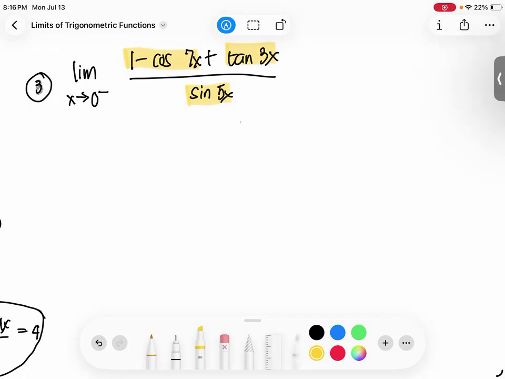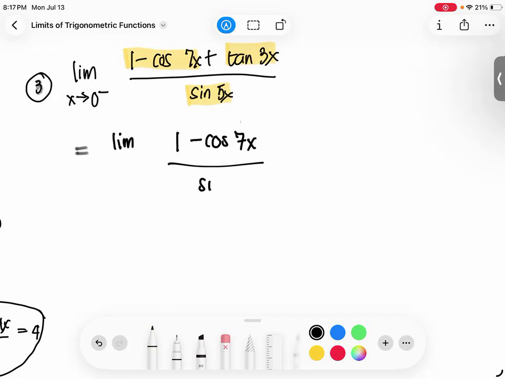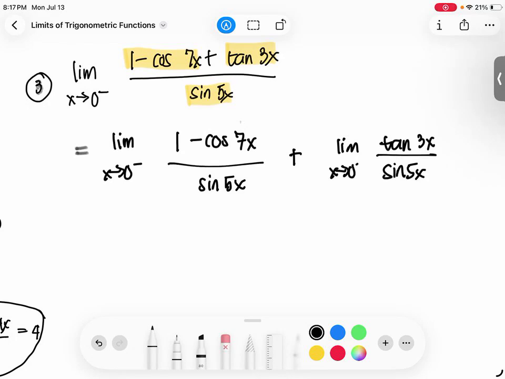So let's write this. We have the limit of 1 minus cosine of 7x over sine of 5x as x approaches 0 from the left plus the limit of tangent of 3x over sine of 5x as x approaches 0 from the left.